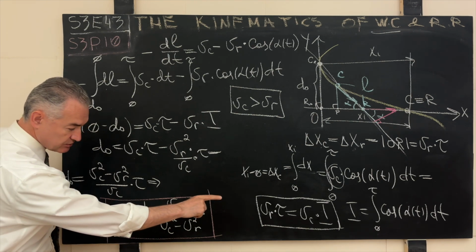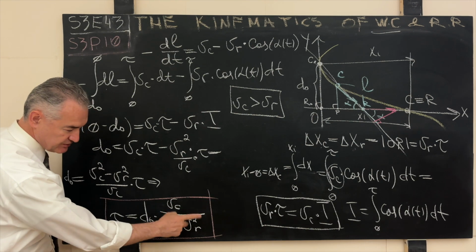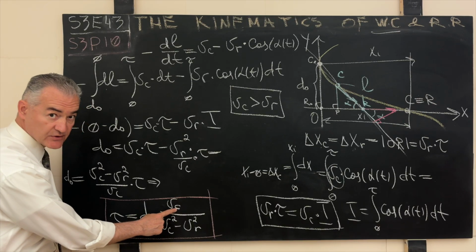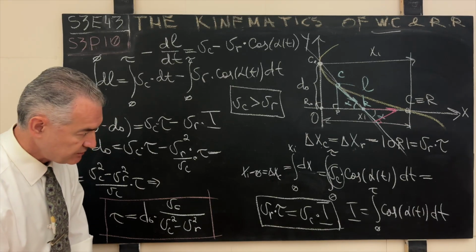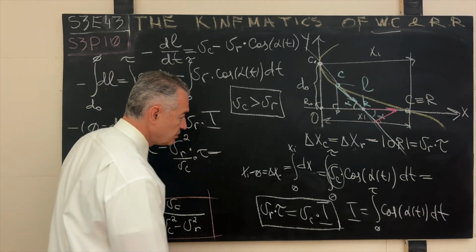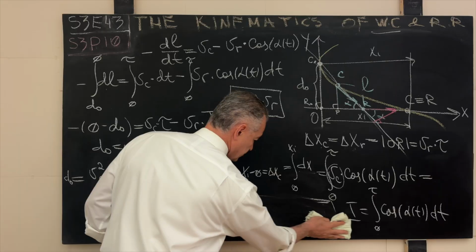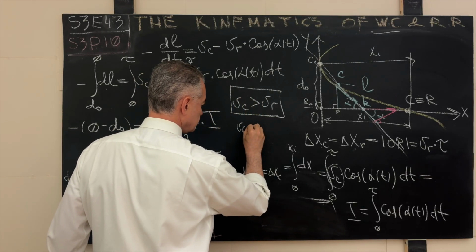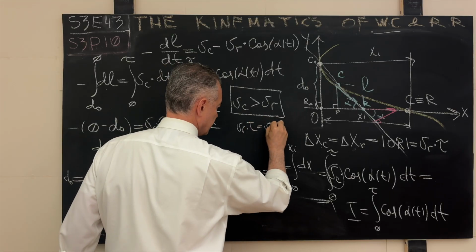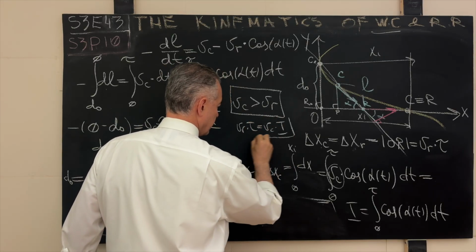So for the integral I, we have d0, pretty much the structure is the same, but here will be what? The velocity of whom? The runner or the chaser? The runner. So let's write down this expression right here. We can already do it. If you want to, I will move this expression over here. We have vr times tau equals vc times I. This is equation.